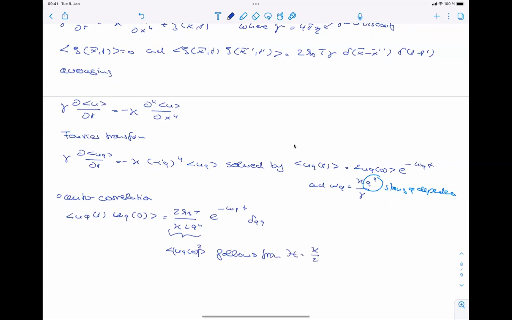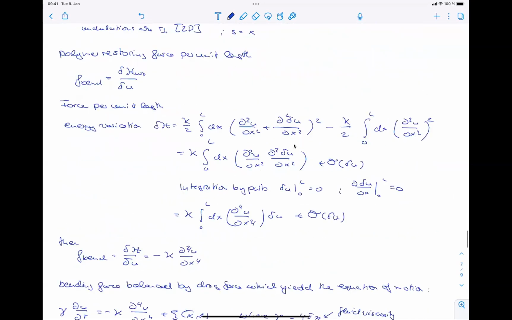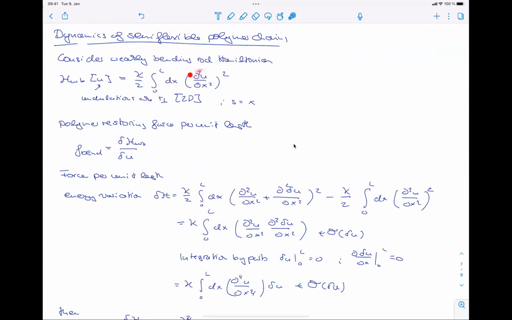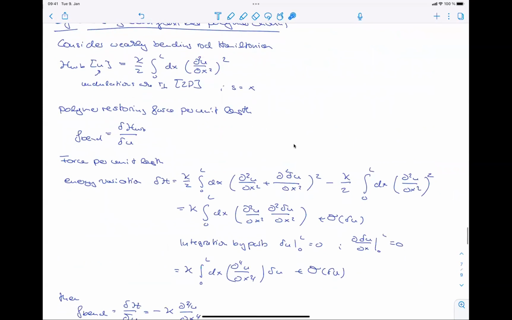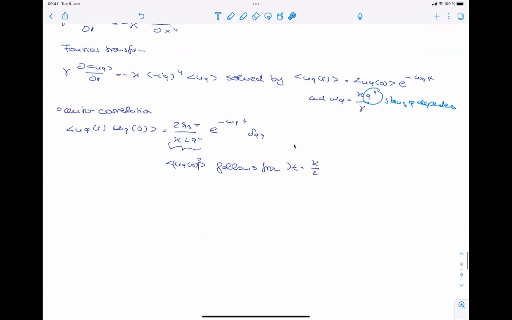And so if you look at the Hamiltonian, this scales with kappa, length, and q squared from the derivative, and then uq squared, and that needs to be a half kBT.